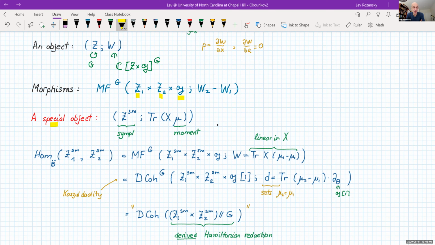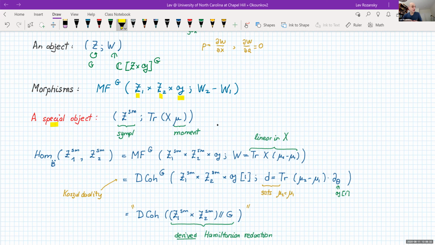It has a Hamiltonian action of G. And then there is a moment map from Z to the Lie algebra, to the dual of the Lie algebra. I confuse here the Lie algebra with its dual; I assume they're identified by the Killing form. So W is the trace of X.